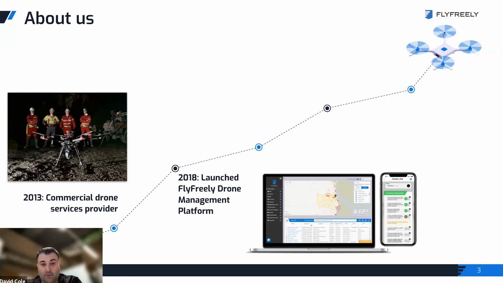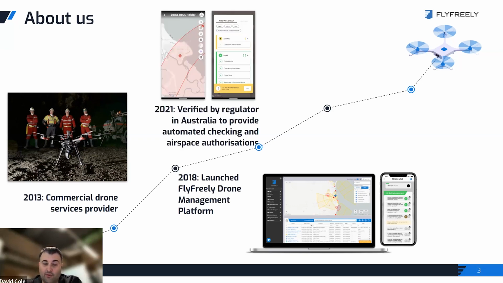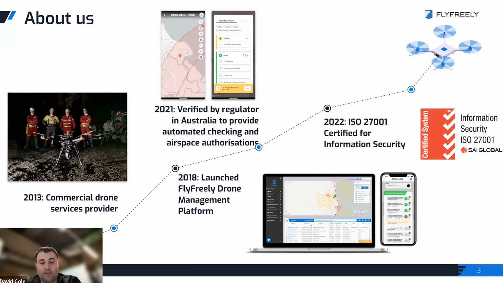So we built our own electronic management platform, which we launched in 2018. Since then, we've been verified by the regulator in Australia to provide automated airspace authorizations and automated rule checking. More recently, we've achieved our ISO certification for information security. What we work on at the moment is enabling automated and complex operations.